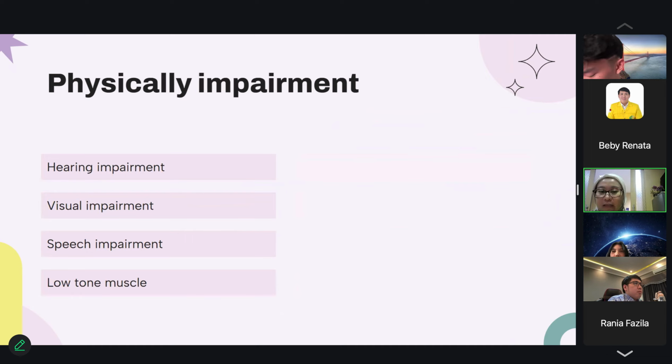And next is physical impairment. These include hearing impairment, visual impairment, speech impairment, or even low muscle tone, or a patient who cannot walk or cannot move his arm or leg.